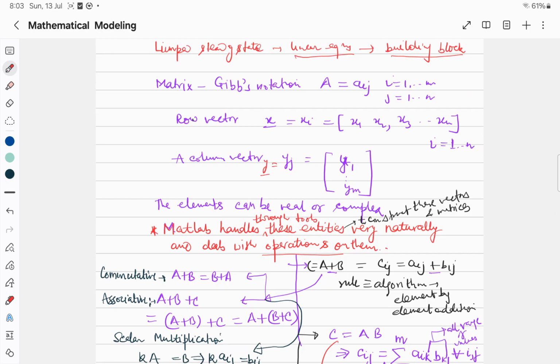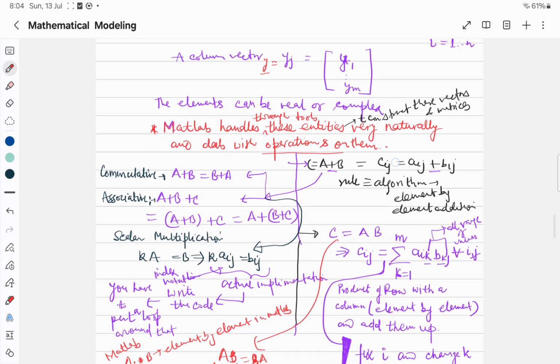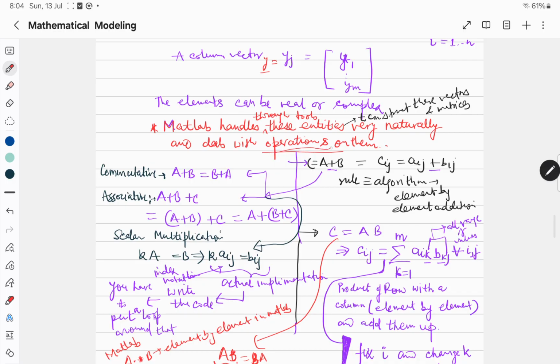MATLAB can handle these row vectors, column vectors and matrices very easily through tools. MATLAB naturally handles these and also deals with the operations on these rows, columns, as well as matrices. So let's see what those operations are.